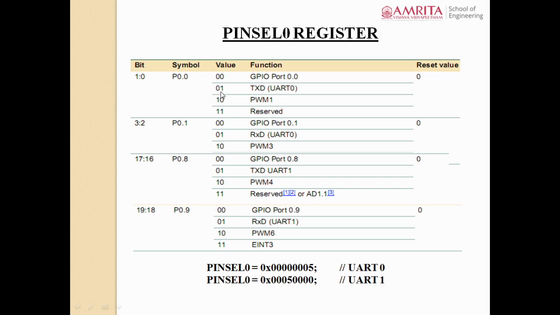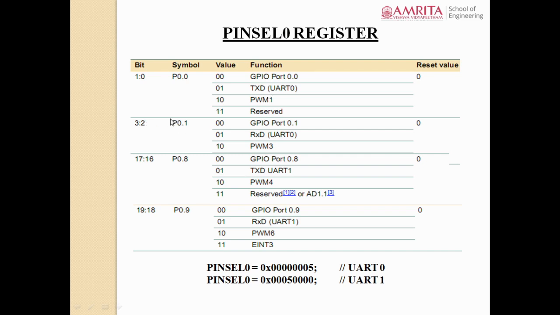You need to write a value 0, 1 to bit number 1 and 0 of the PINSEL0 register. That is, bit number 1 will be 0, bit number 0 will be 1. If you are writing 0, 1 to bit number 1 and 0 of PINSEL0, you are configuring P0.0 as TXD pin of UART 0.